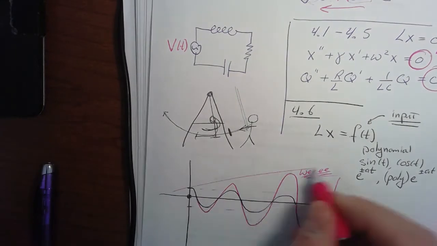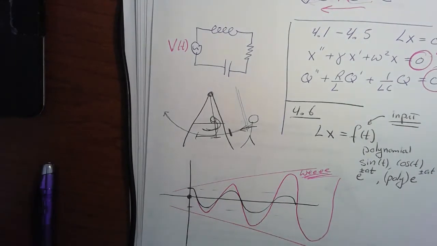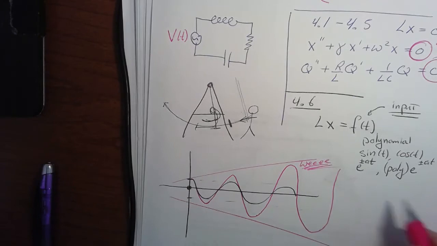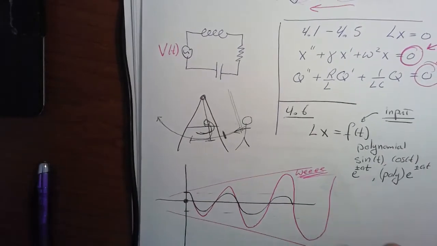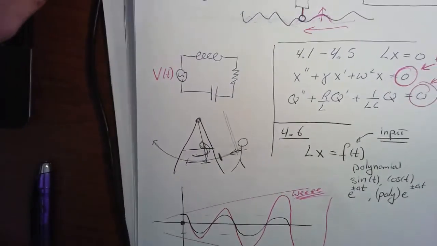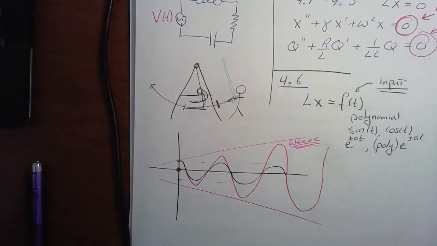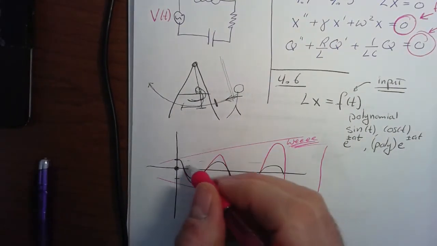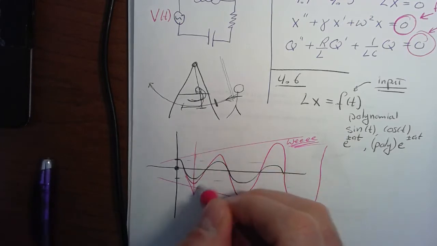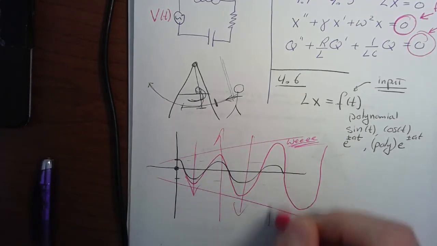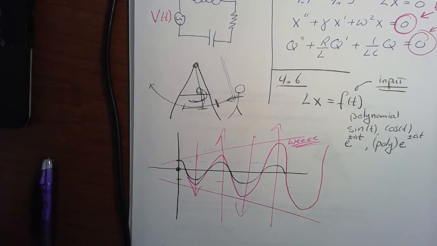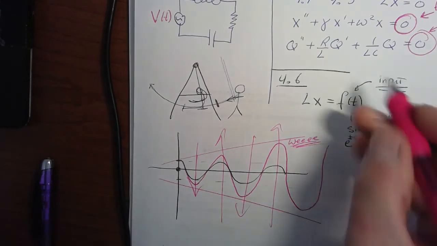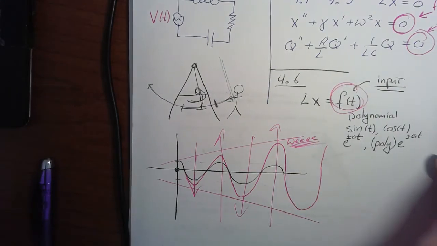Or, if you're an older sibling or an uncle or an aunt, or if you're helping out some other person by pushing them on the swing, then you're injecting a force at these times to increase the amplitude of oscillation. You are the F(t).